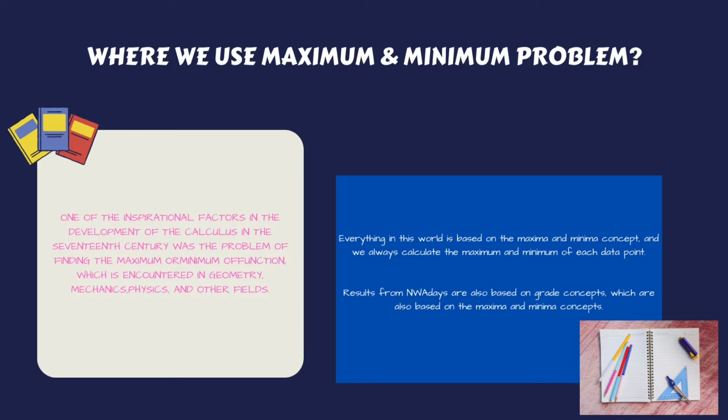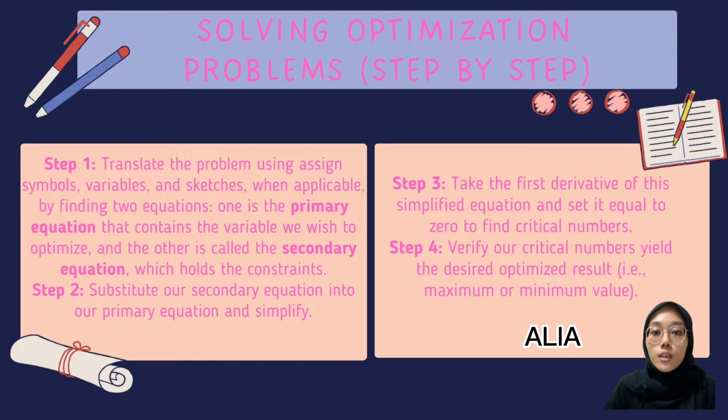Everything in this world is based on the maximum and minimum concept, and we always calculate the maximum and minimum of each data point. So, there are 4 steps on how to solve optimization problems.